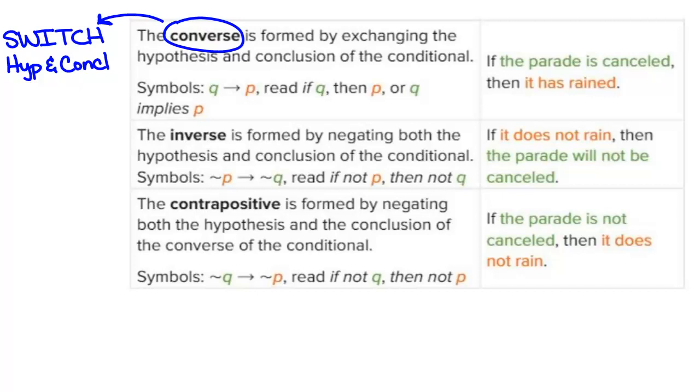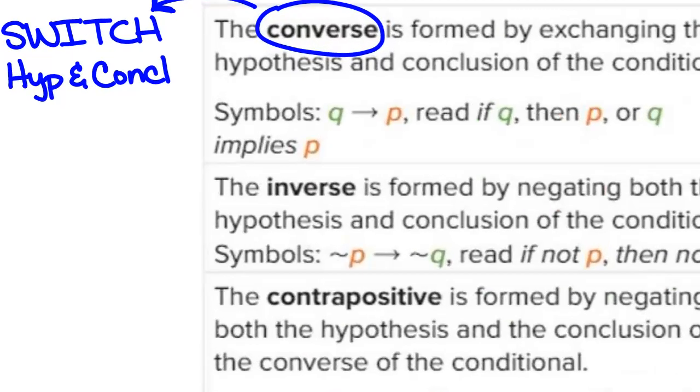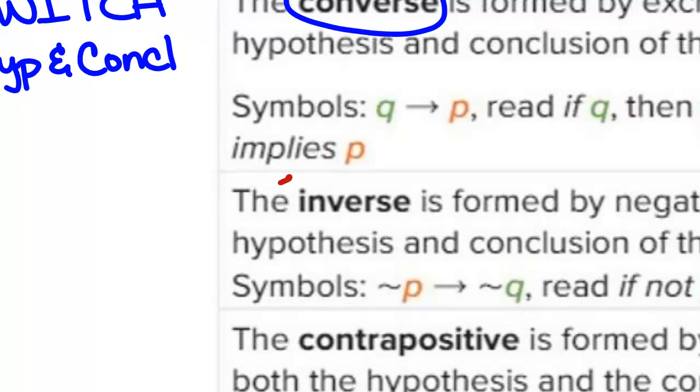So our original statement, if it rains, then the parade will be canceled. The converse: if the parade is canceled, then it has rained. I took my hypothesis and conclusion and switched it around. We can write something called the inverse.